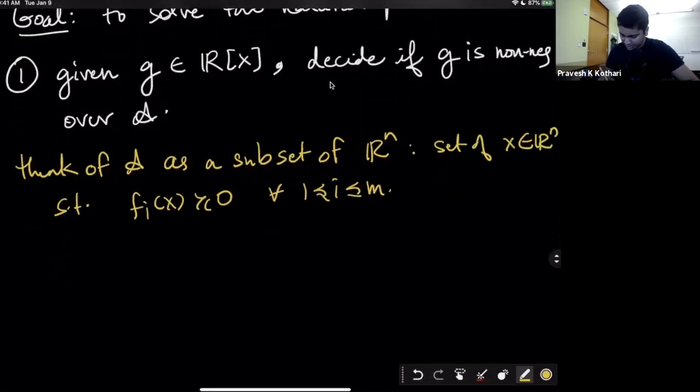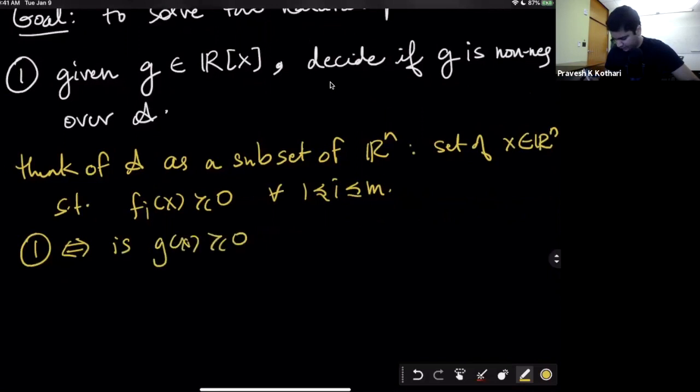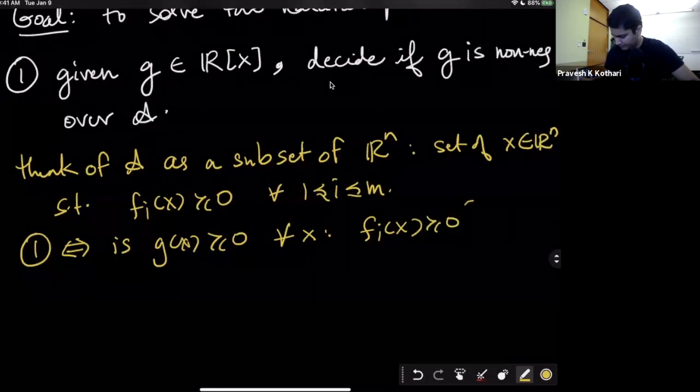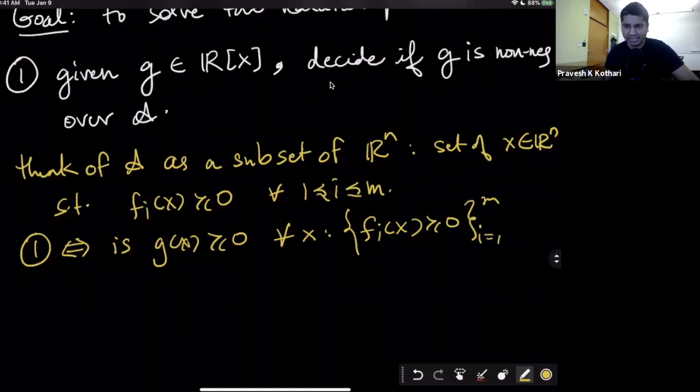So this question is equivalent to asking, is g(x) non-negative for all x such that fi(x) is non-negative for each of the m different polynomials fi. Okay. So this is the most basic problem we are interested in.